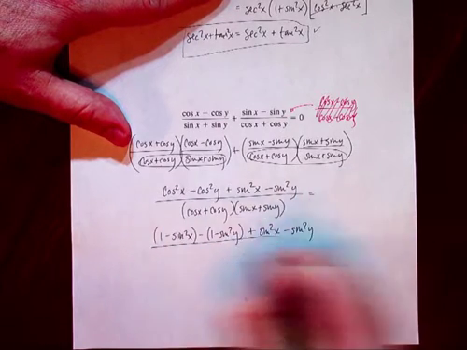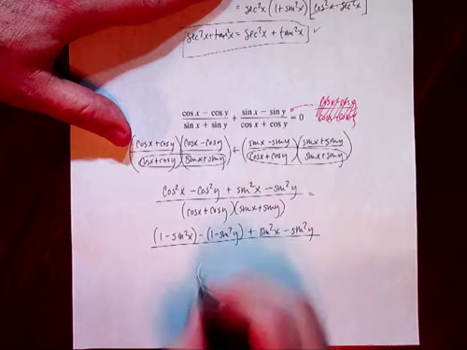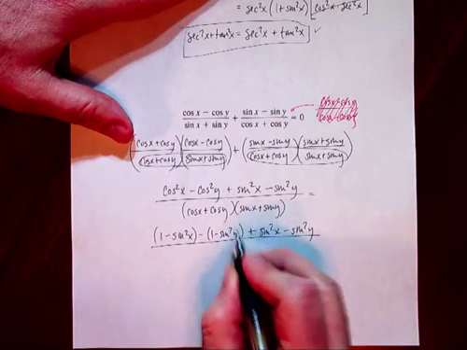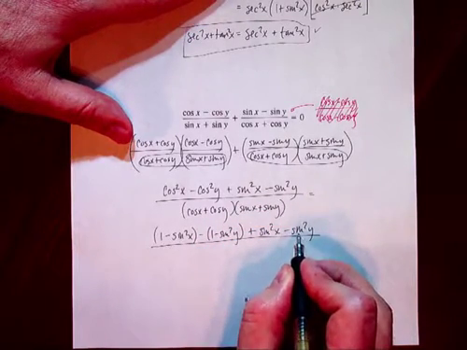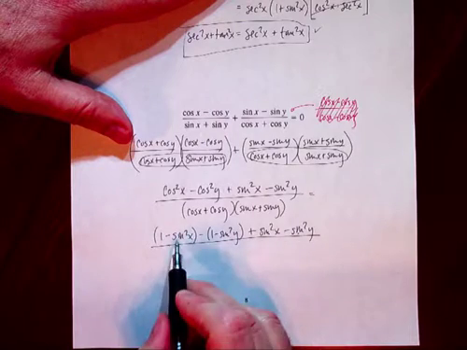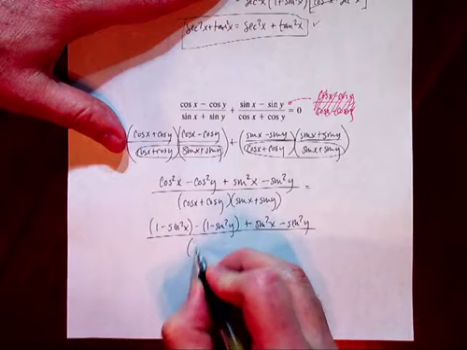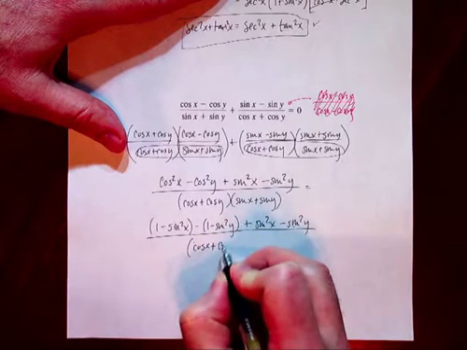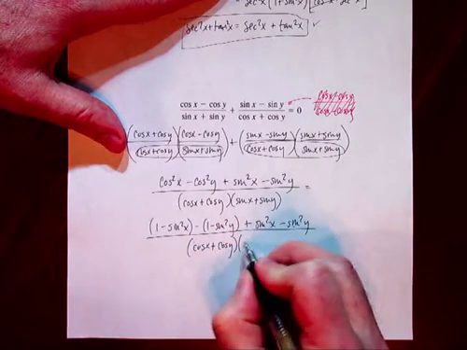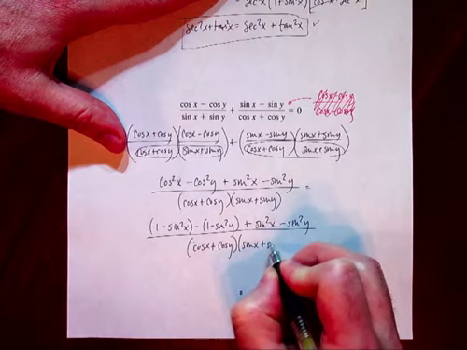And you notice that when you distribute this negative, this sine squared y is going to be positive, and that sine squared y is negative. This sine squared x is negative, that sine squared x is positive. And what you get is you do get 0 in the numerator.